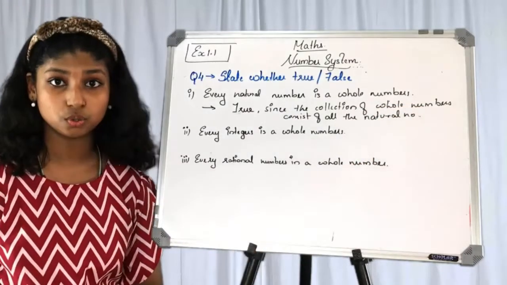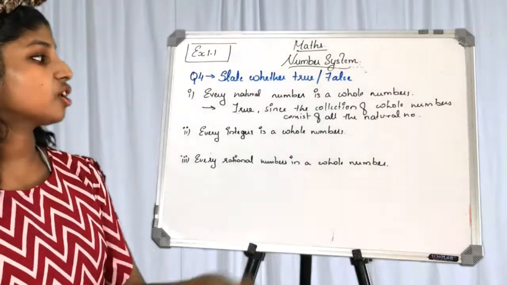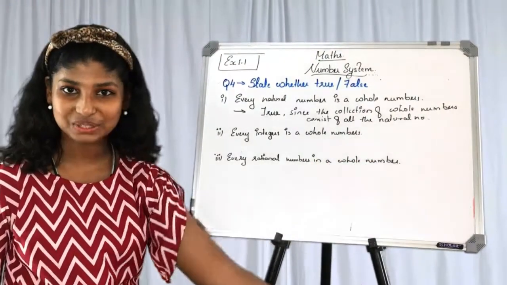So the statement is true. Why? Because the collection of whole numbers consists of natural numbers.